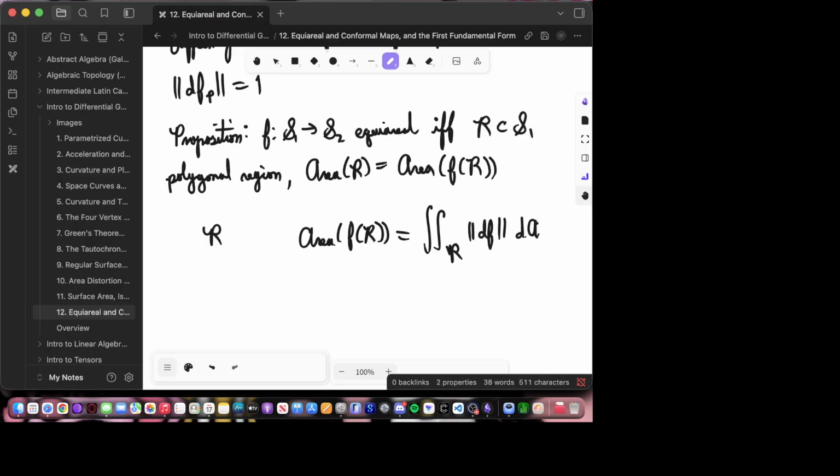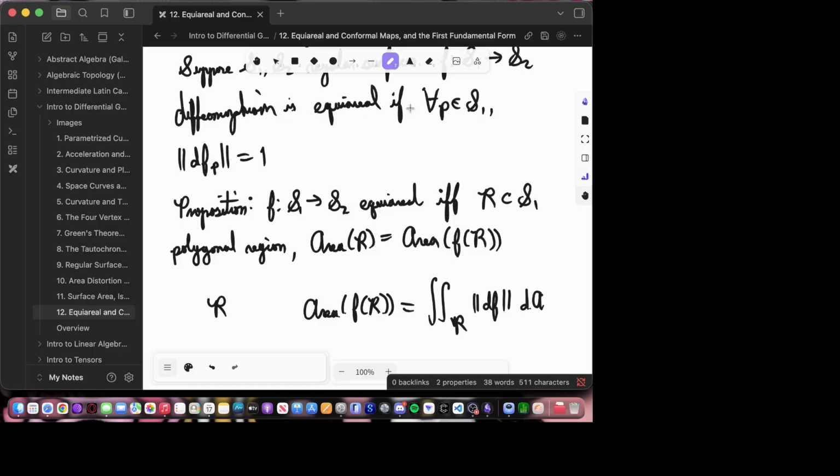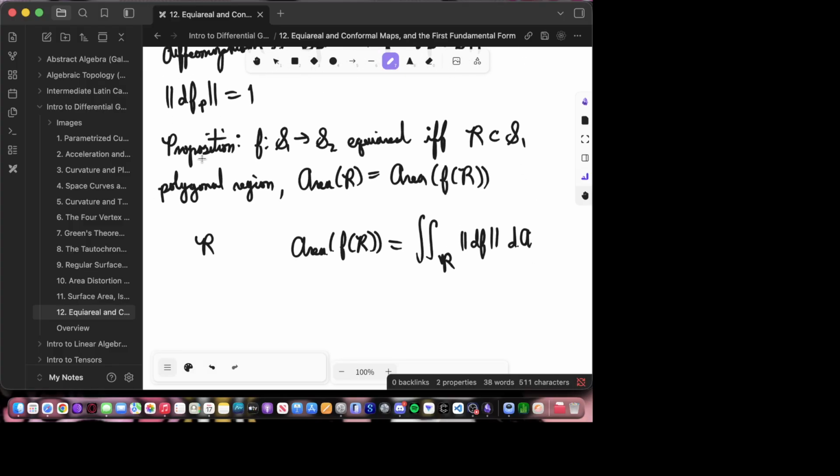And since, if a diffeomorphism is equiareal, then the area distortion of its derivative is going to be equal to 1, this becomes 1, and we're just simply integrating over R, and that's just going to be the area of R from simple properties of multivariable calculus.